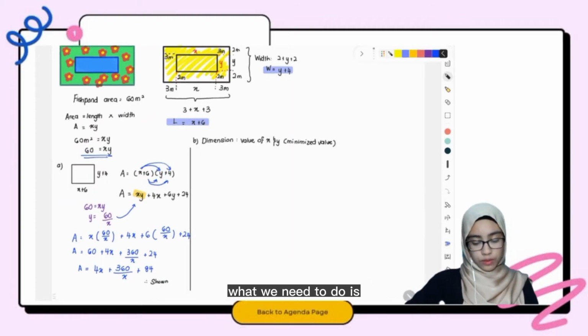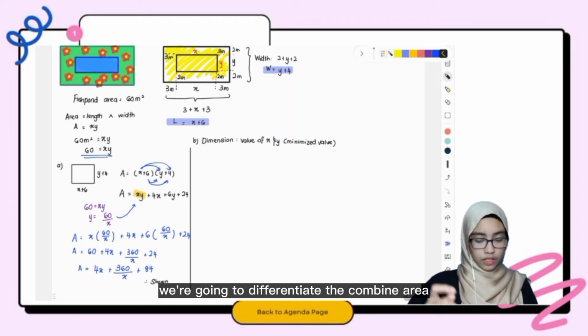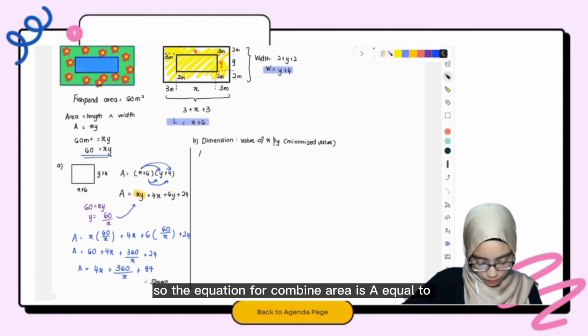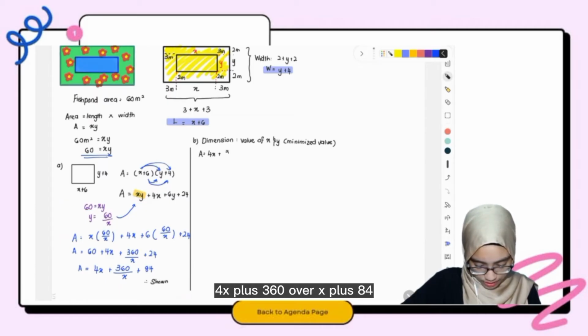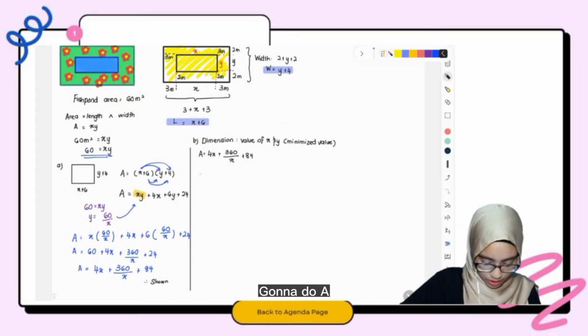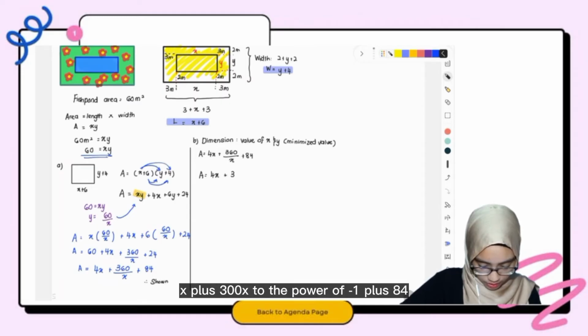What we need to do is differentiate the combined area. So the equation for the combined area is A equals 4x plus 360 over x plus 84. We write A equals 4x plus 360x to the power of -1 plus 84.